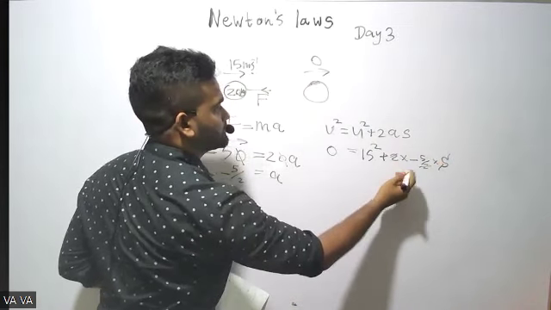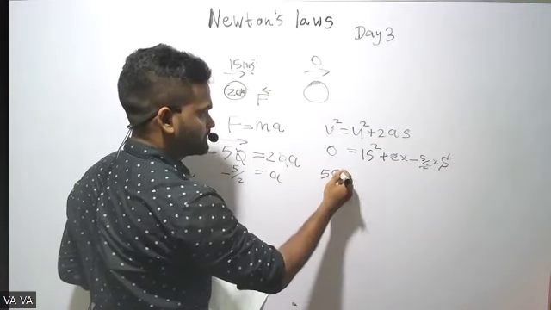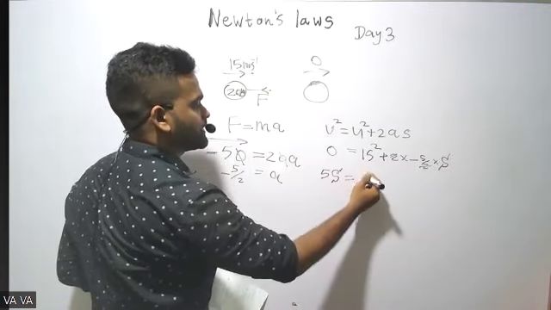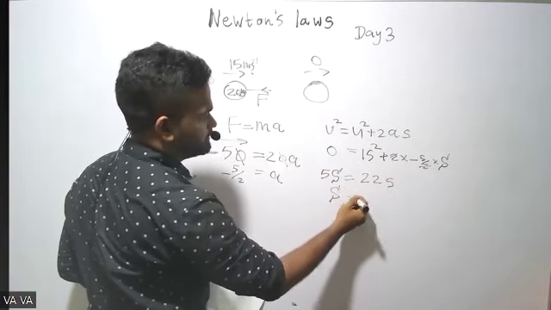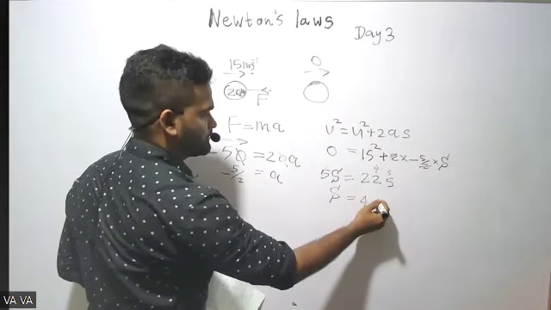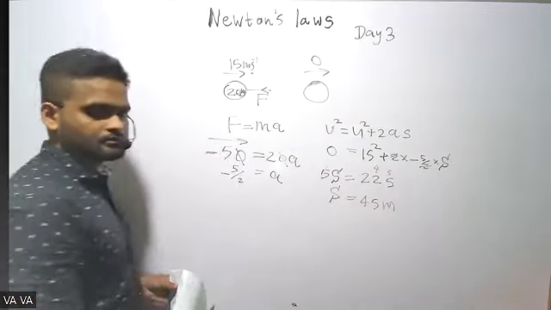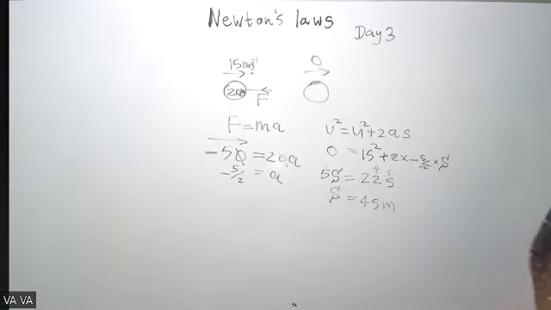The 2 cancels off, take this to the other side, 5s equals 15 squared, which is 225, divide by 5, 45 meters. So that's the distance the object moves before stopping.